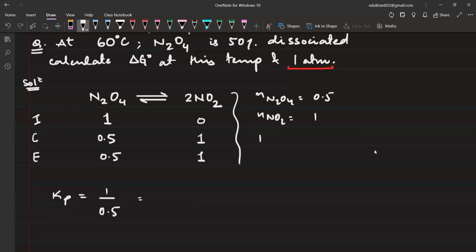And total moles will be equal to 1.5. So mole fraction we can calculate. Mole fraction of N2O4 will be equal to 0.5 divided by 1.5, number of moles of N2O4 divided by total moles, and mole fraction of NO2 will be equal to 1 upon 1.5. So from here we can calculate mole fraction, then after this pressure.